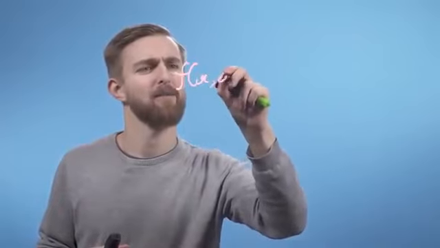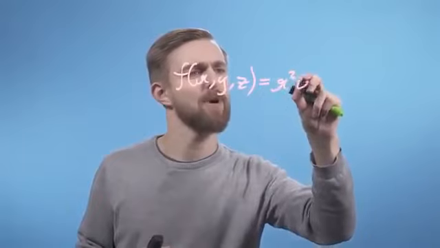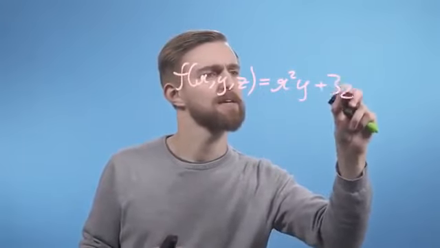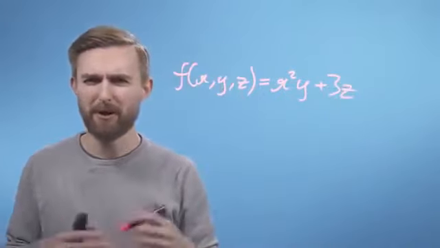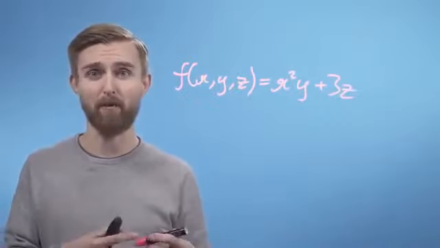Consider the function f of x, y, and z equals x squared y plus 3z. To build the Jacobian, we just find each of the partial derivatives of the function one by one.